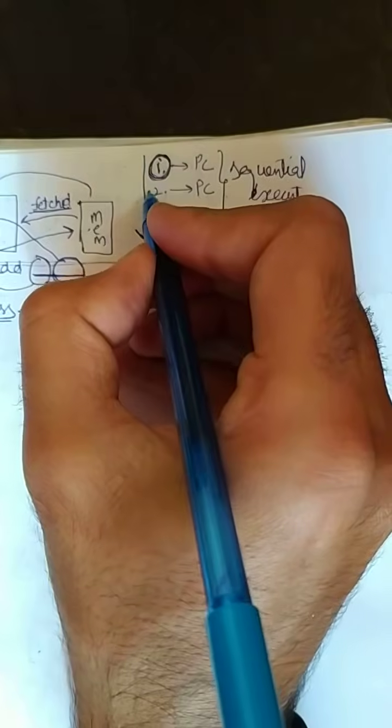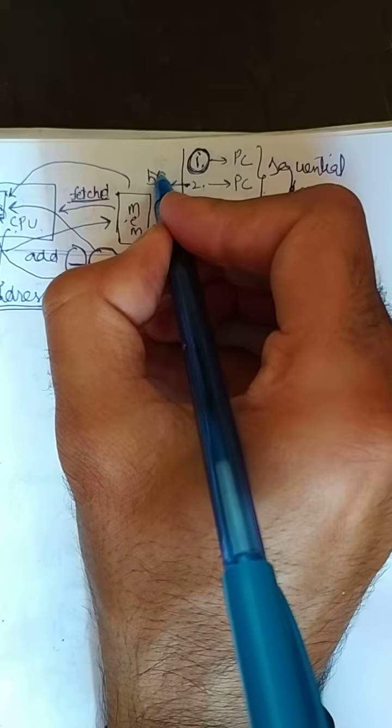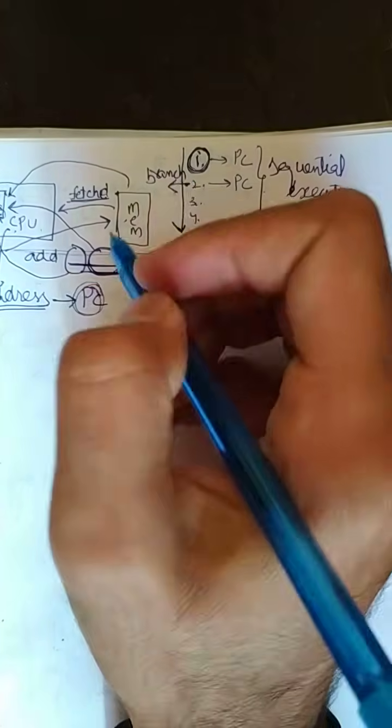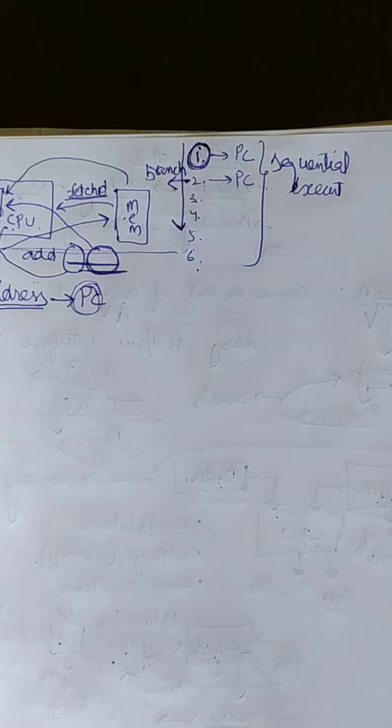However, if there is some branch instruction, for example, in your C programming or in Python, you may have seen if-else conditions or loops. Basically, loops or if-else are branch instructions in machine form.